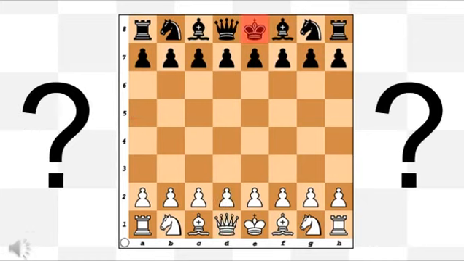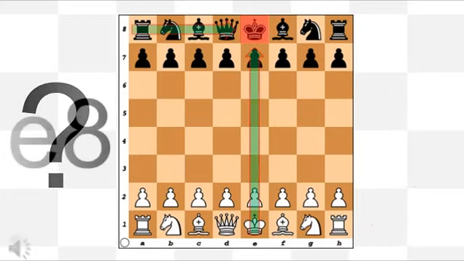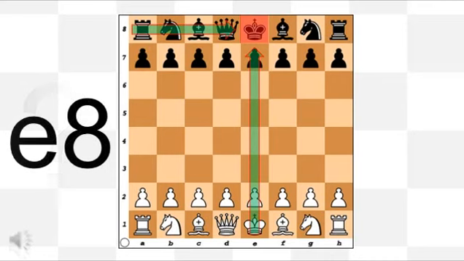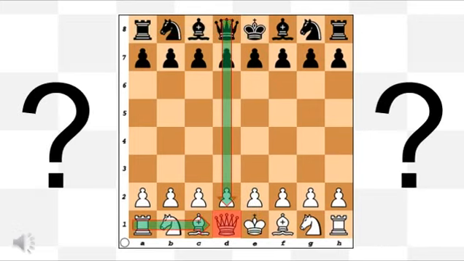What would be the notation for this highlighted square? You'll have a few seconds to reply. The notation for the highlighted square is E8. One more quick problem.